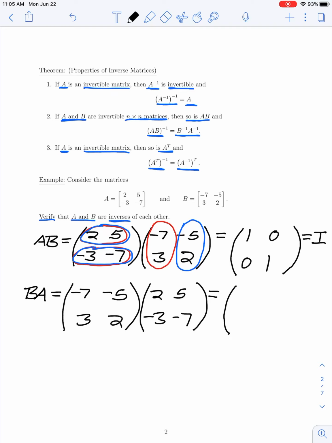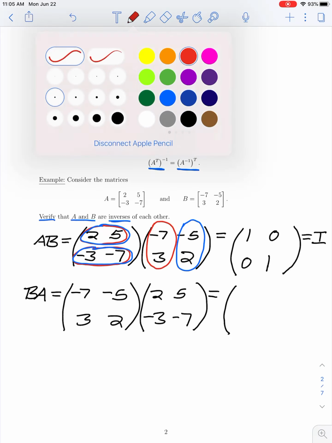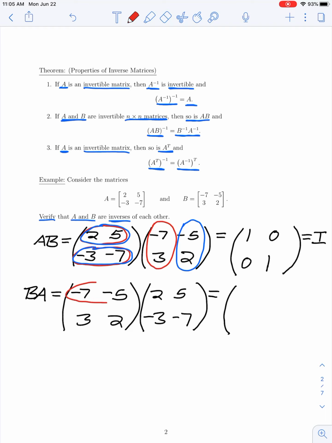So we get back a 2 by 2 matrix, and for the entry in our first row, first column of the product, we take the dot product of this first row and first column vector. So here we have -14 plus 15 is 1. For the first row, second column, we have -35 plus 35, which is 0.